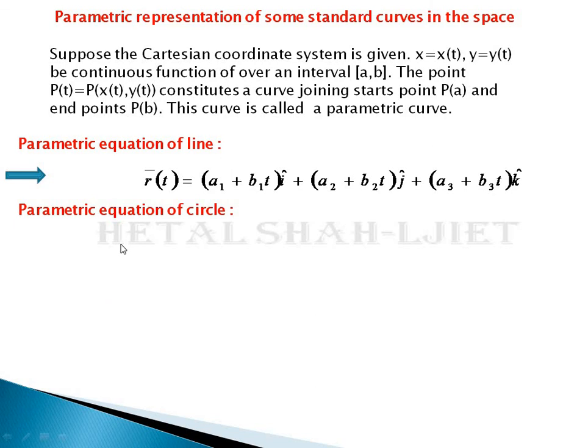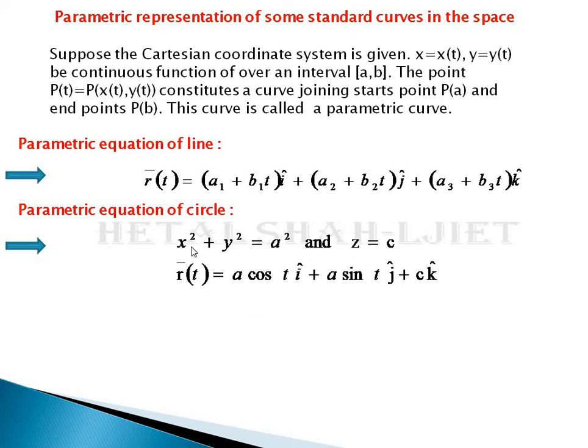Now, the parametric equation of a circle. Here, if we have x square plus y square is equal to a square, z is equal to c, then the vector r(t) is a cos t i cap plus a sin t j cap plus c k cap.